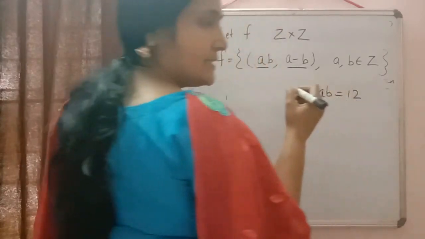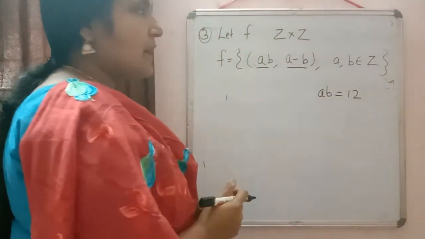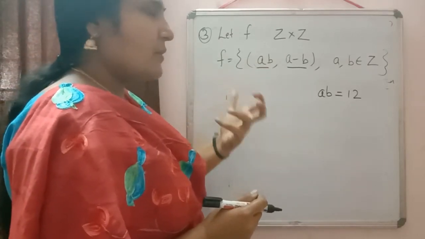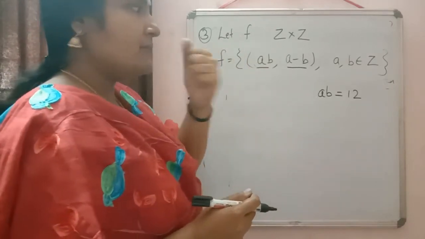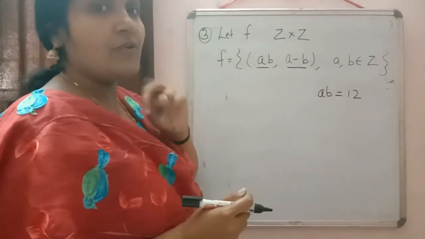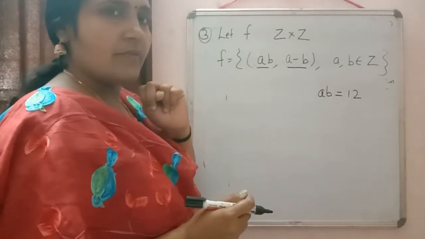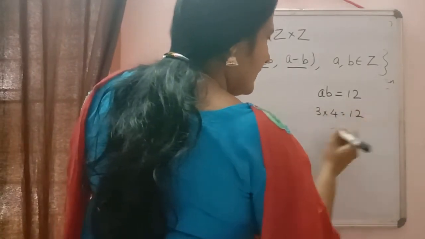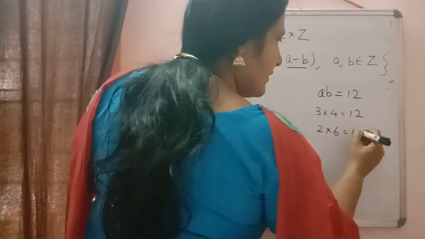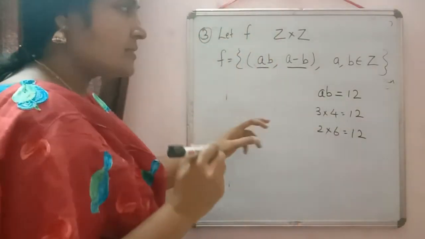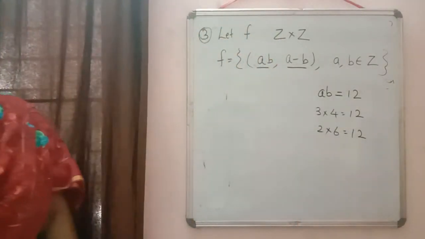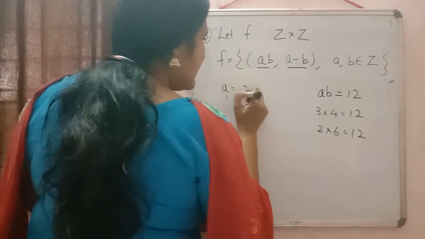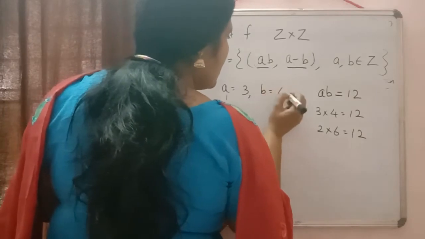I am taking the first element as 12. Now can you tell me what are the two numbers whose multiplication will give you 12? One condition is 3 fours are 12, and the other one is 2 sixes are 12. Suppose first I am taking A is equal to 3 and B is equal to 4.